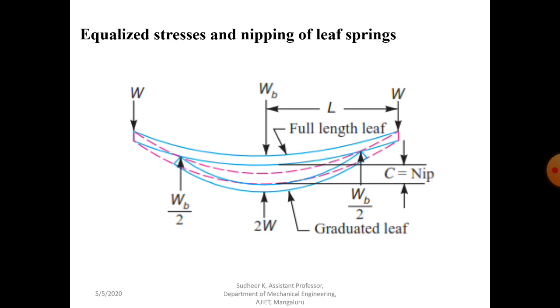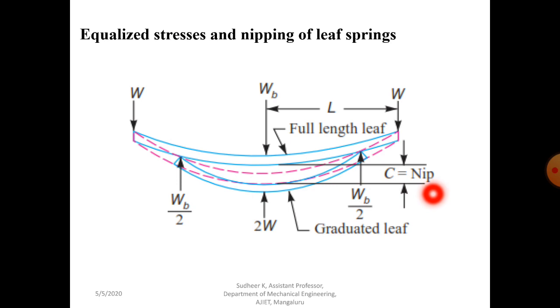The second one is by giving a greater radius of curvature to the full length leaves than the graduated leaves, before the leaves are assembled to form a spring. With the help of this, a gap or clearance will be left between the two leaves. So this gap we call nip.